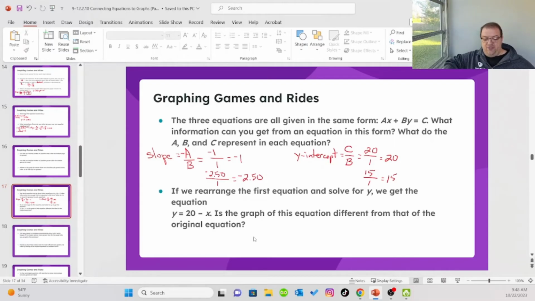Is the graph of this equation different from that of the original equation? No. When you rearrange an equation, you write an equivalent equation. And if they are equivalent equations, they will have the same solutions. Therefore, their graphs will also be the same.